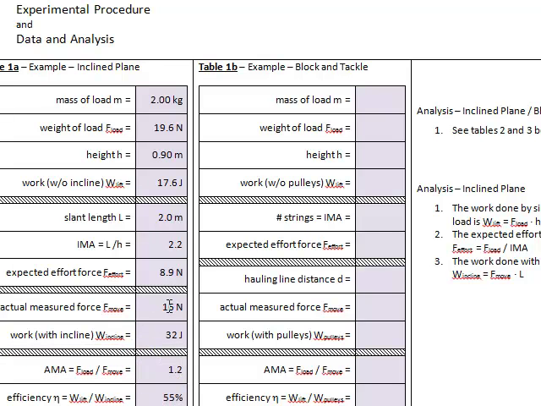You might get for your inclines efficiencies between 20 and 30%, because I recommend that you use more shallow inclines, but then for the more shallow inclines, you're going to have a larger mechanical advantage, which is the idea behind an inclined plane. So this was the analysis for my example data for the inclined plane.